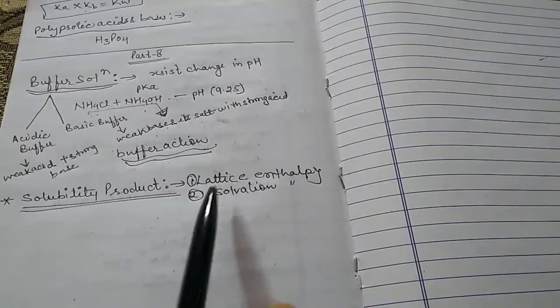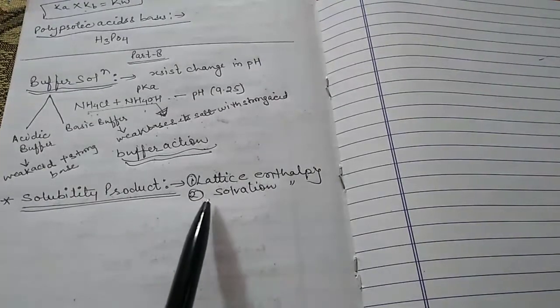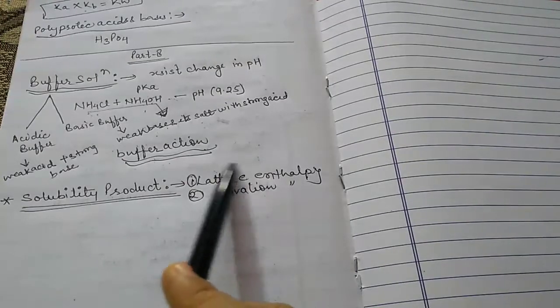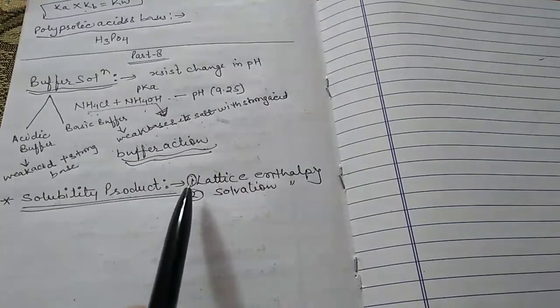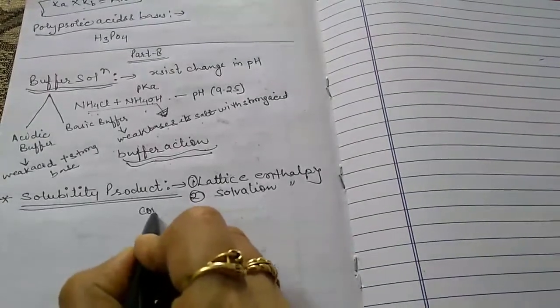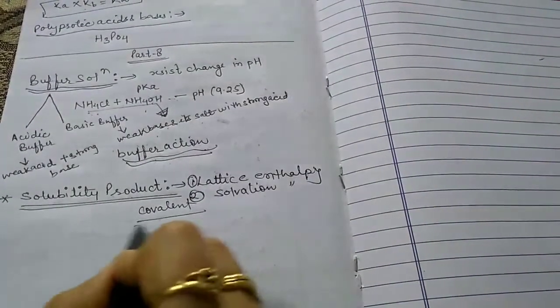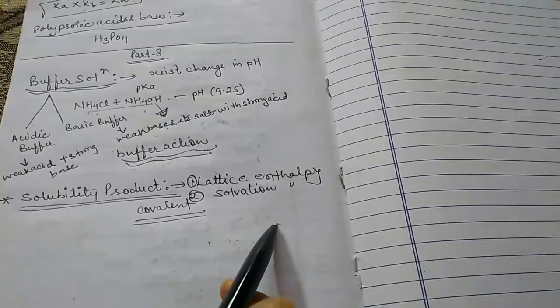Some salts are soluble because their solvation enthalpy is more than lattice enthalpy. Some salts are insoluble because their lattice enthalpy is more than the solvation enthalpy. In case of a non-polar solvent, which means a covalent solvent, the solvation enthalpy is small, and therefore it is not sufficient to overcome the lattice enthalpy of the salt, and consequently the salt does not dissolve.